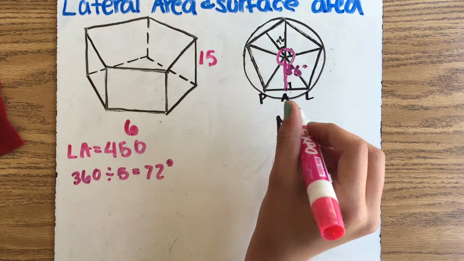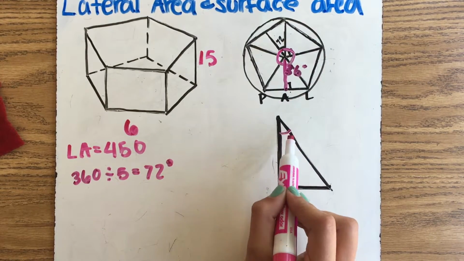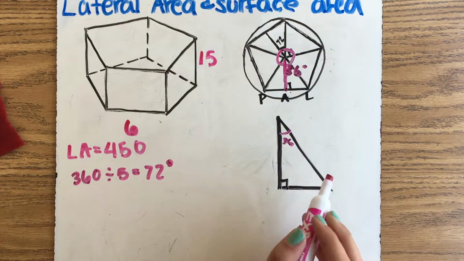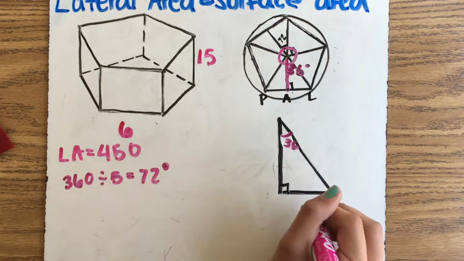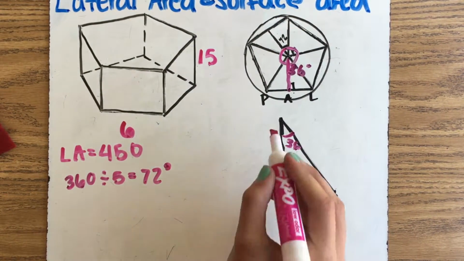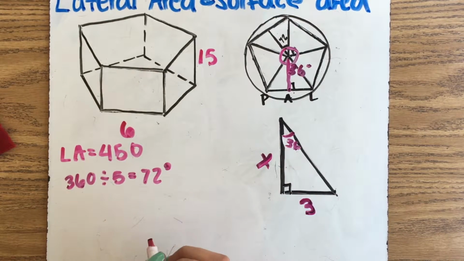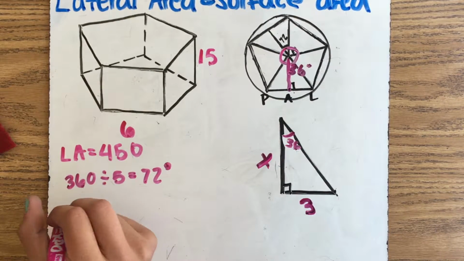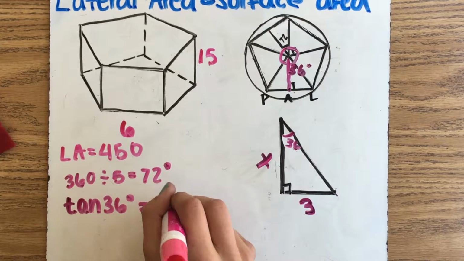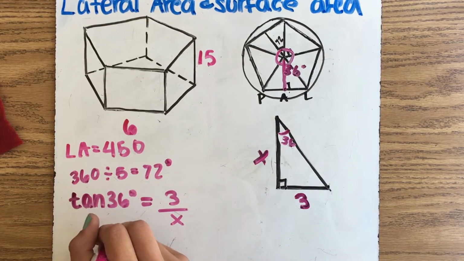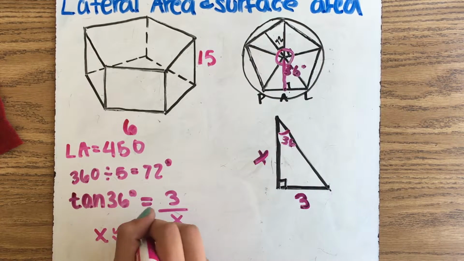And then you would focus on this triangle. So this would be 36, this would be 90, and then this is 6, so you would divide it by 2 to get this, so 3, and then we'll call this x. So then we would use tangent. When you calculate that, x would be equal to 4.